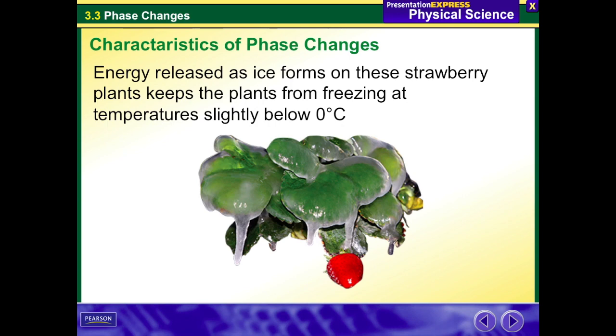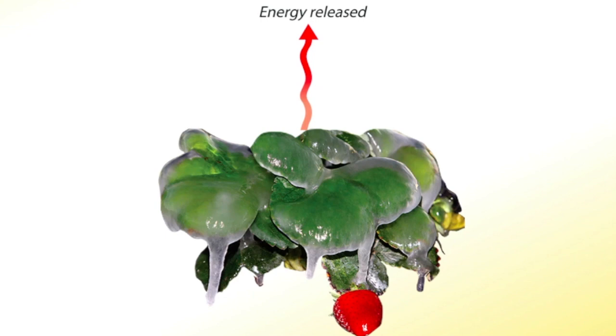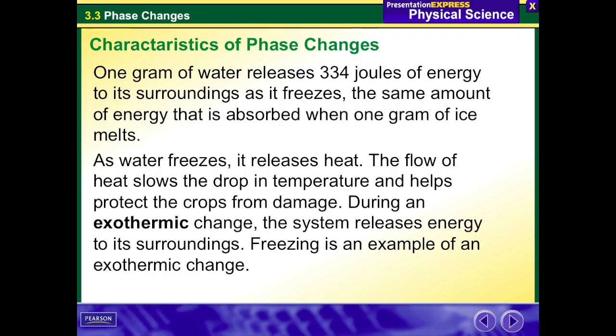So even though the ice is frozen, the plants stay warm. This is somewhat counterintuitive. As liquid water freezes, it actually has to lose energy, which can help protect the plant. So a gram of water releases 334 joules of energy to its surroundings.